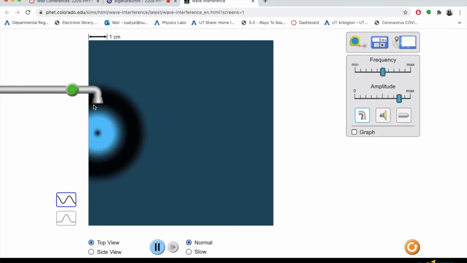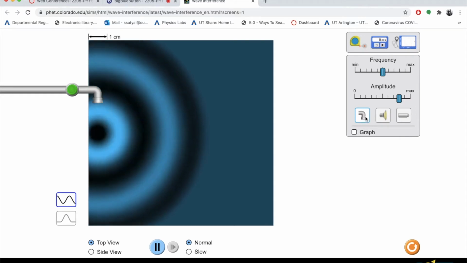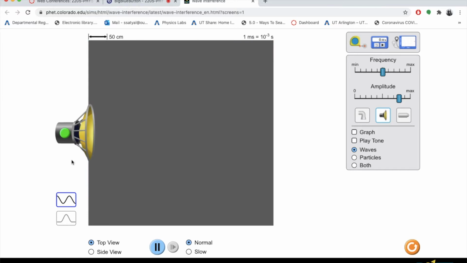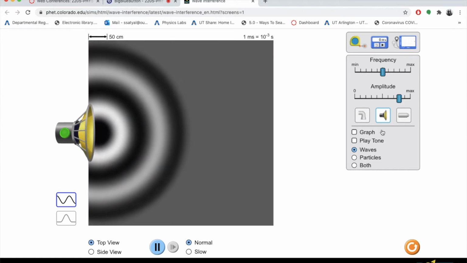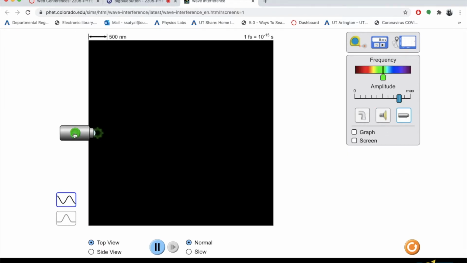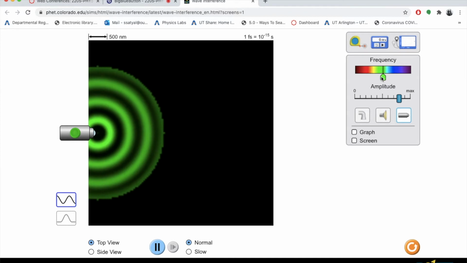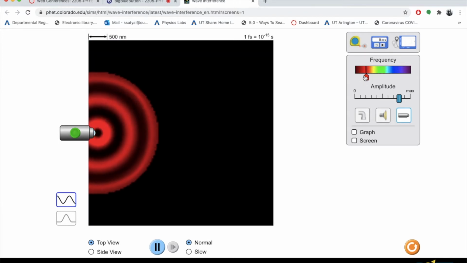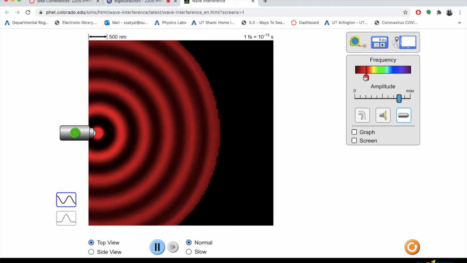For example, I'm starting with the water wave. So this creates a water wave. This creates a sound wave. To turn it on, press the green button, and this one creates a light wave. You can choose your color. Choosing different color means, remember, you're choosing different wavelengths.